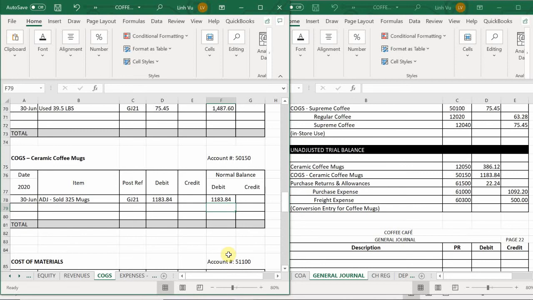And this is just because it's the system that we're using, but in real life, it can be whatever method, right? Correct. So, yes, exactly like this. If I want to keep track of my coffees as periodic, I could. If I want to keep my ceramic coffee mugs as perpetual, I could. Every item that you sell doesn't have to be one or the other.